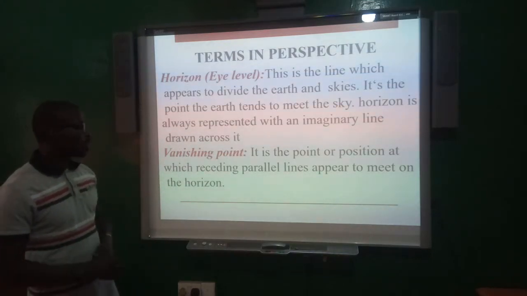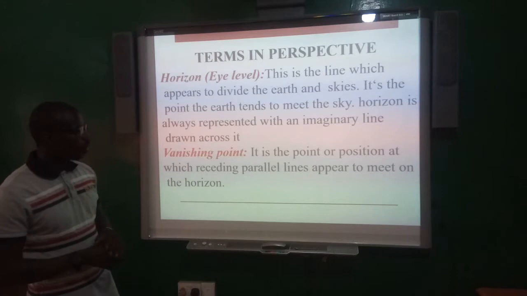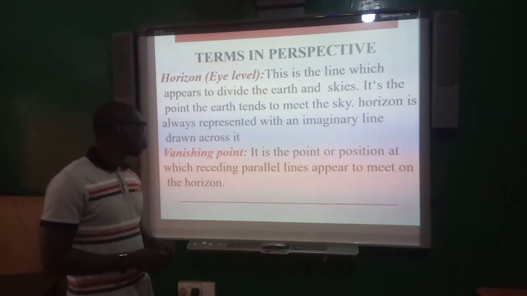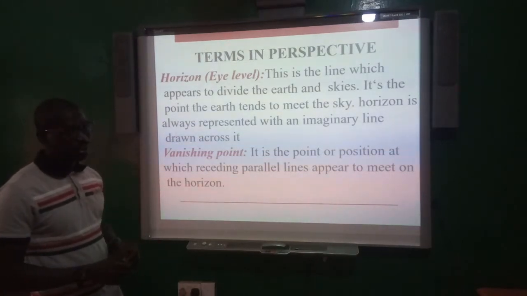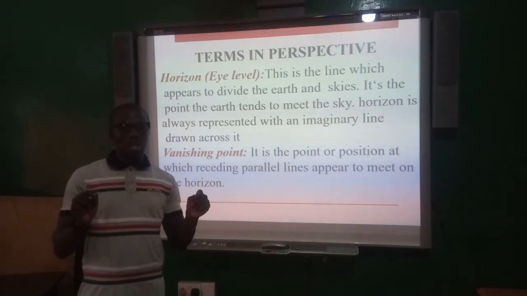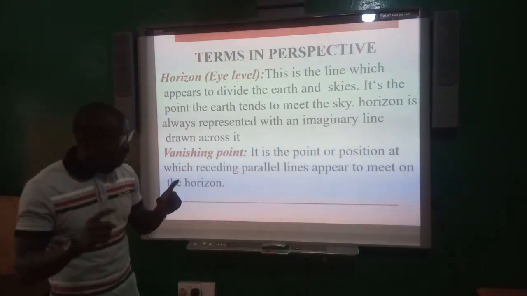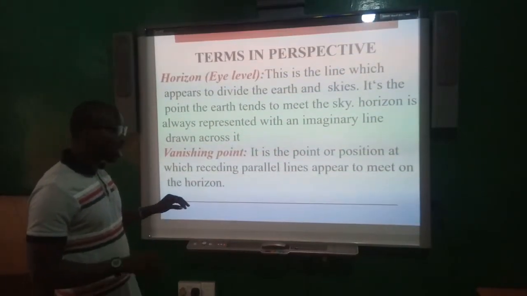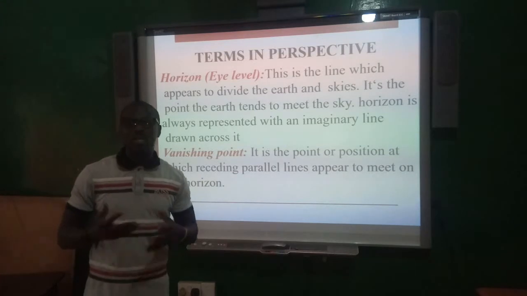We also talked about the vanishing point in perspective, where we said it is the point or position at which the receding parallel lines appear to meet on the horizon. The word appear there means it doesn't actually meet, but it seems to meet.